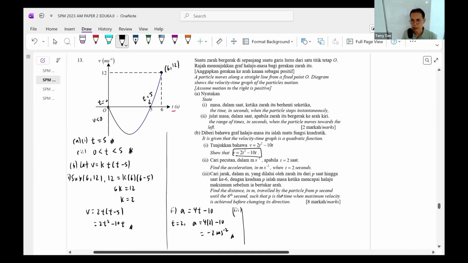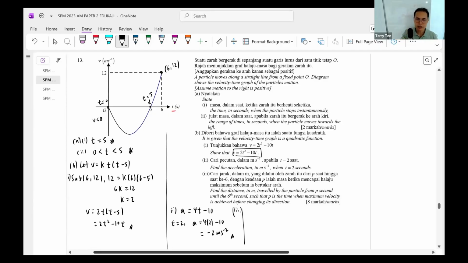Okay, Roman 3. Find the distance traveled by the particle from p seconds until 6 seconds, such that p is the time when maximum velocity is achieved before changing direction. Okay, actually, the question shouldn't say maximum velocity. They should say maximum speed. Why? Do you know why?